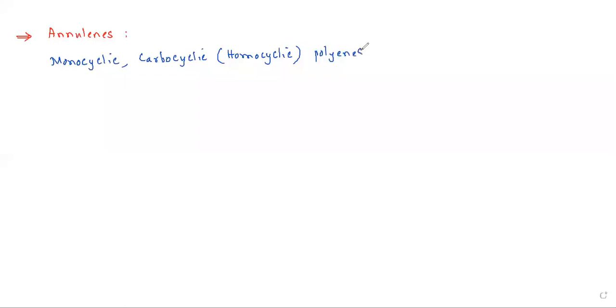Polyenes, I mean having more than one double bond, with alternate arrangement of the double bond and, of course, the single bonds. Okay, these are called annulenes.